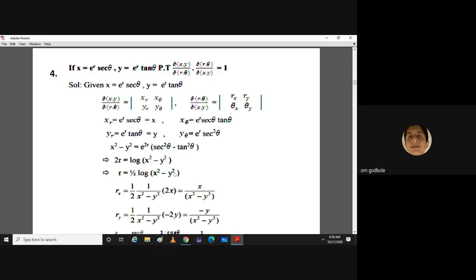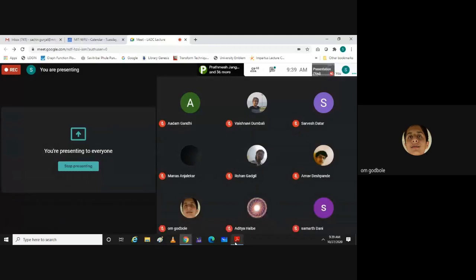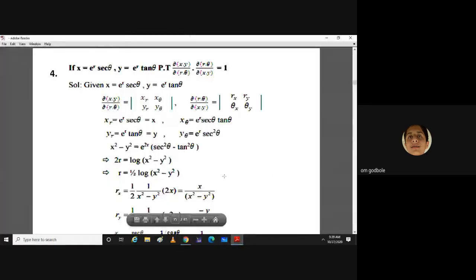Yes, sir. Okay. Now just tell me, how do you find theta as a function of xy? How will you eliminate r from these two expressions? Sir, we can square and subtract as sec square theta minus tan square theta is equal to 1.